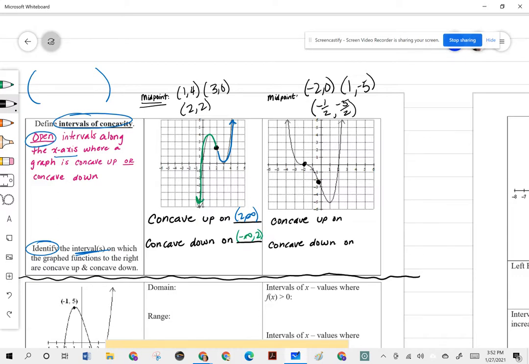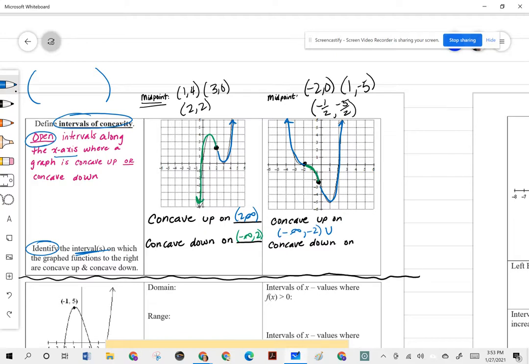Okay, so now let me just color code these. I'm looking for concave down and then concave up. So I'm just going to color code these. So it is concave up on the interval from -∞ to -2. Again, always parentheses.